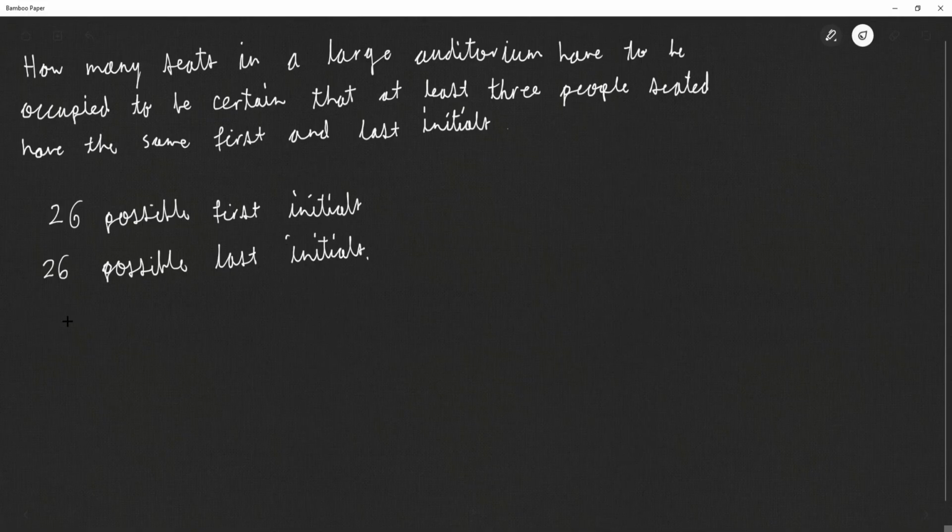So the total combinations is going to be 26 times 26, which is 676. This means that we have 676 pigeonholes.